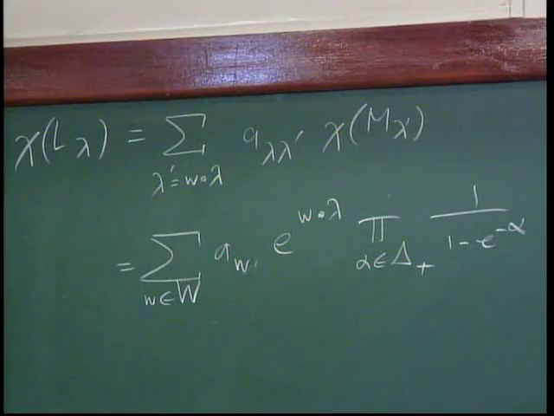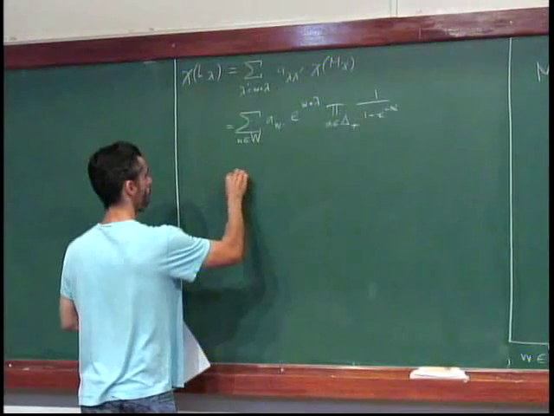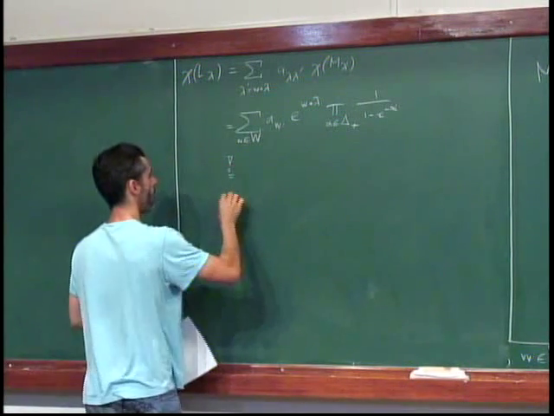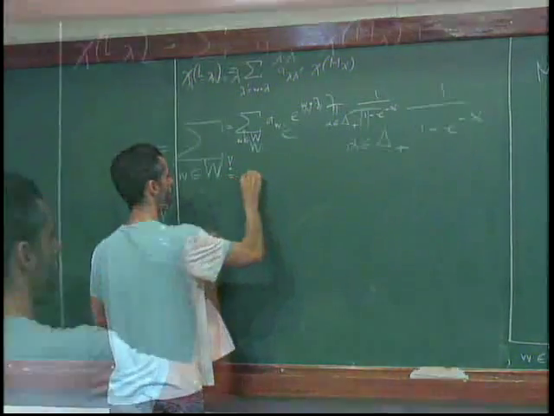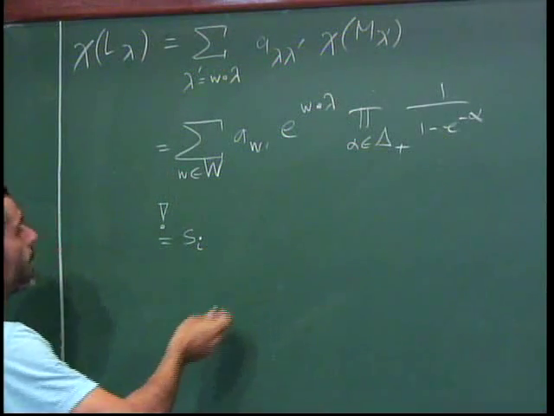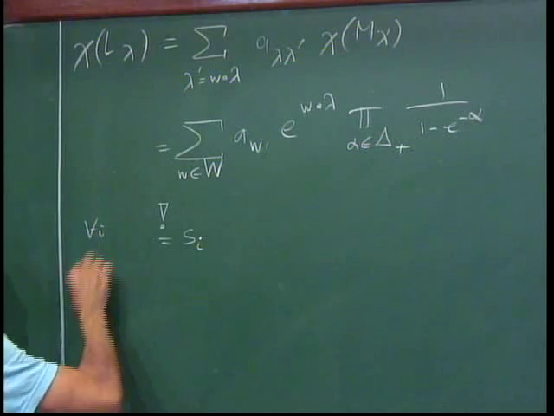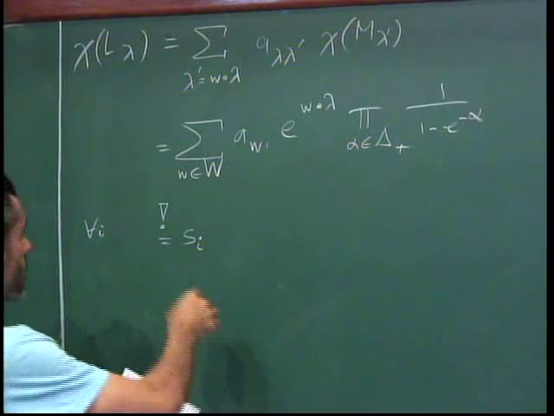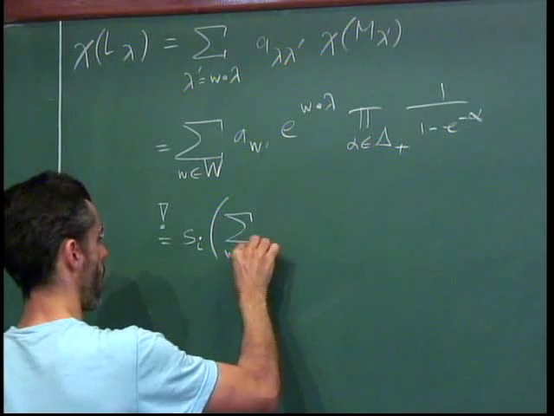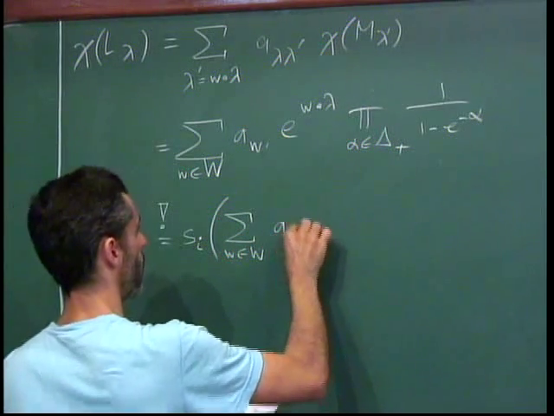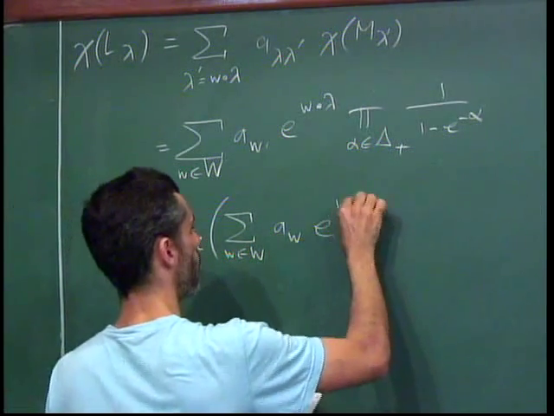Now let's use the invariance under the Weil group. So we know that this is the same as, well, for each i, we know that this is the same as Si acting on this whole thing. So I copy the whole thing.